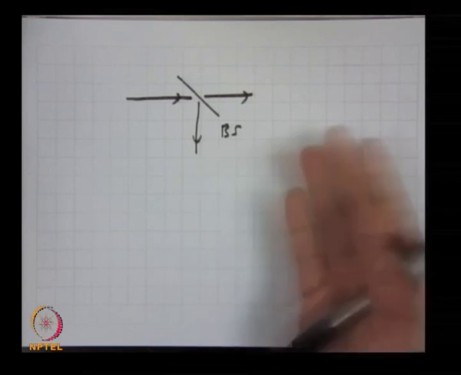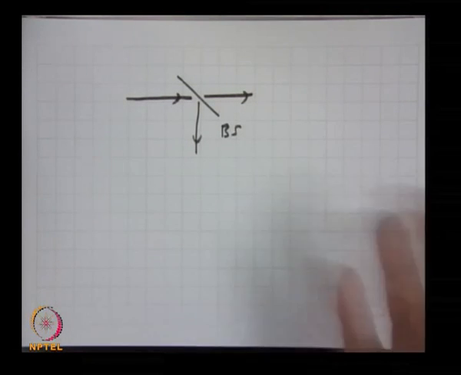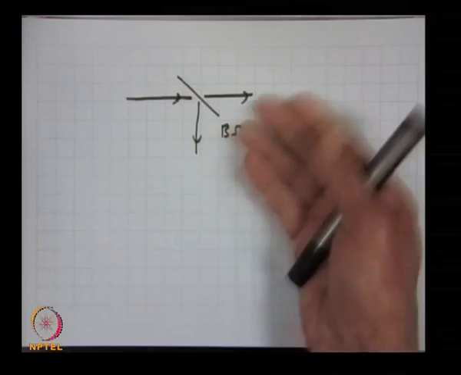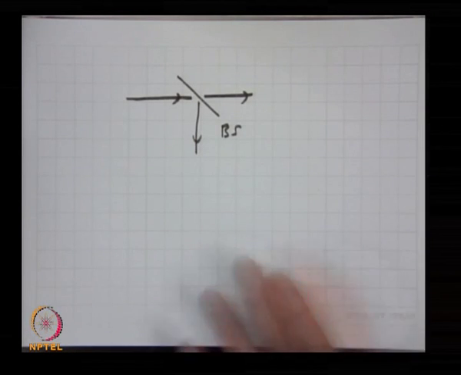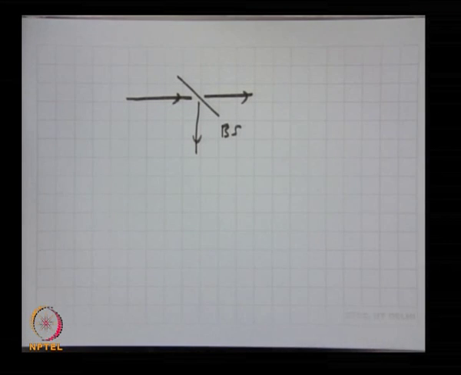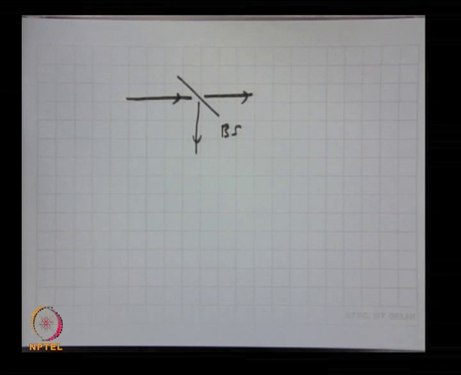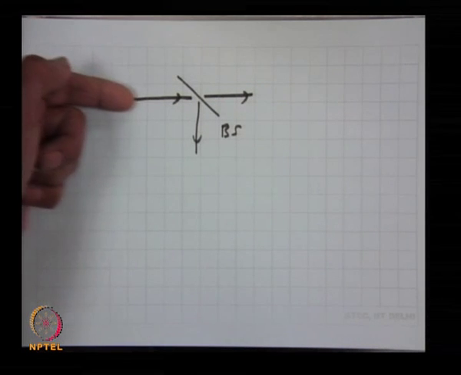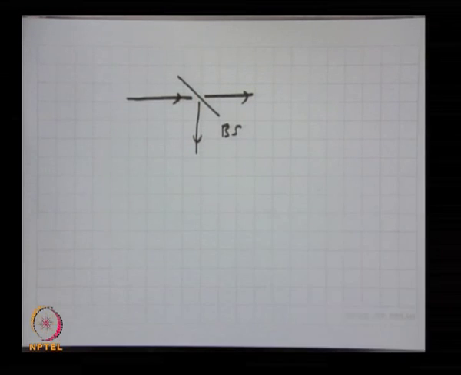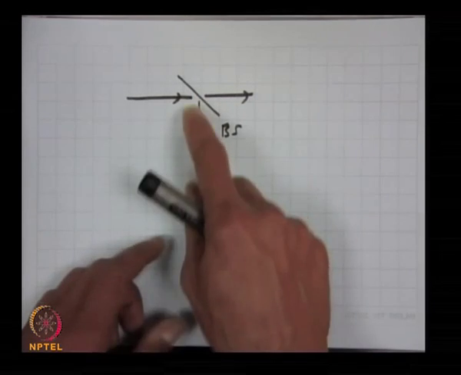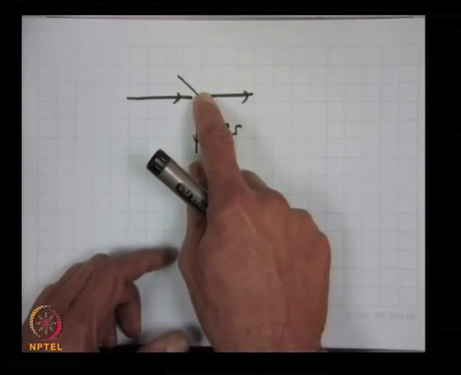Depending on the transmission and reflection coefficients, you can have 50%, 70%, 30%, and so on. So let me take a 50% beam splitter. If I send in 1 milliwatt of light here, and assume there is no absorption or other effect, I will have half a milliwatt coming here and half a milliwatt going here.